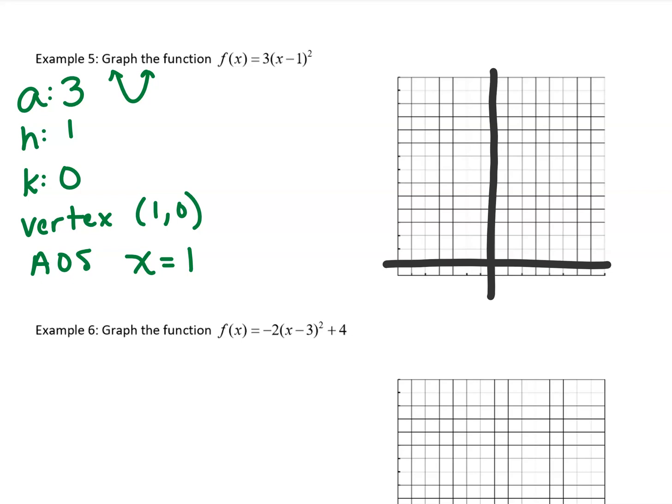And we're going to graph the things that we know. The axis of symmetry is x equals 1, so we're going to graph that vertical line and label it x equals 1. We're going to graph the vertex, which is at 1, 0, right here.